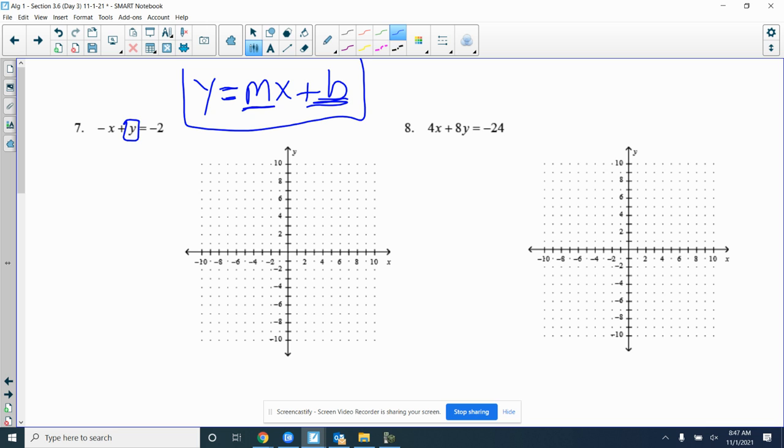What am I going to do? Yes, Mace. Yes, add x. Now, are these like terms? Don't combine them. Okay? Y equals x minus 2. That's it. Don't make it hard, because I think you're making it harder than it is.